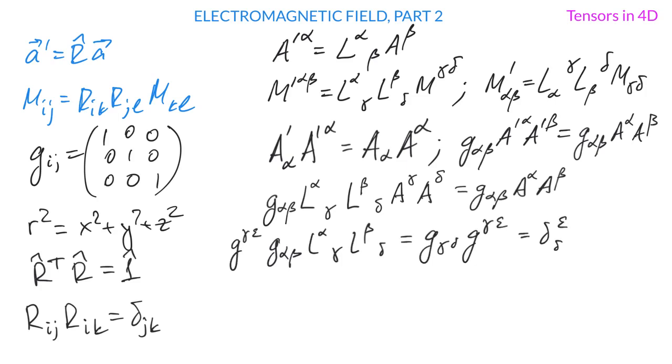Now, as we've learned before, one can simultaneously lower one index of the L matrix and raise another, and that would be the L matrix for covariant components of a vector. So in this piece on the left, alpha is lowered and becomes beta, gamma is raised and becomes epsilon. So we have this expression. Let's rename the indices a little bit.